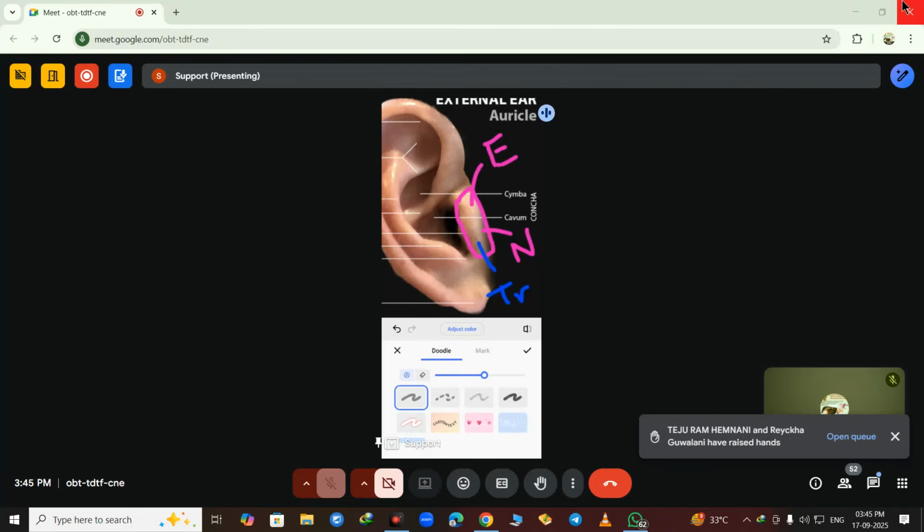That's why first always learn the Chinese perspective of auriculotherapy, and if you want to go further, then go for the European methods. That is what I teach. Okay, so the tragus will represent what? Ear and nose.